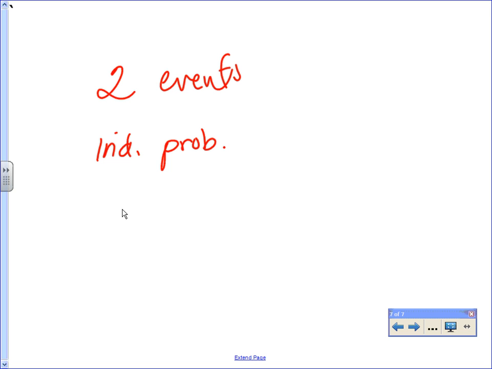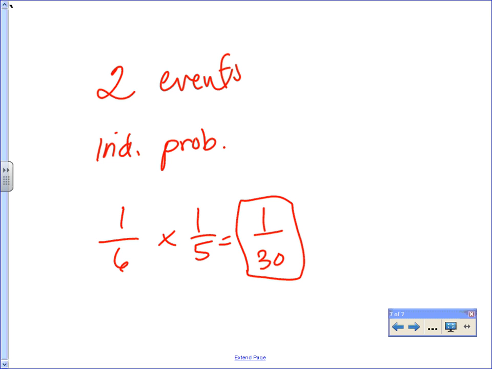So if I wanted to roll a 6 on a dice, and then draw a green marble out of a bag with 5 marbles and only one of them was green, it would be a 1/30 chance. So it's a pretty low chance that that would happen. Just remember that you're multiplying the independent probabilities to find the probability of both events happening at the same time or one right after another.